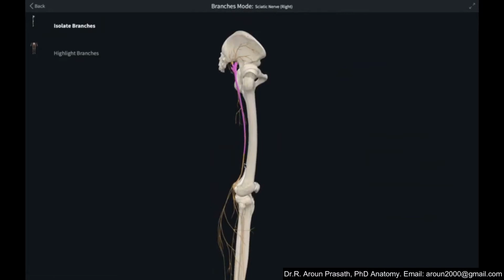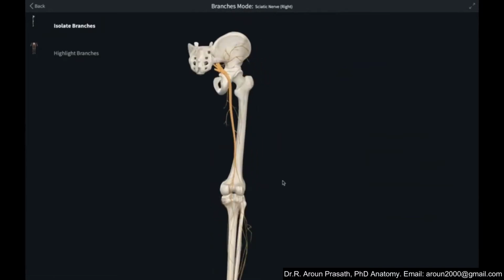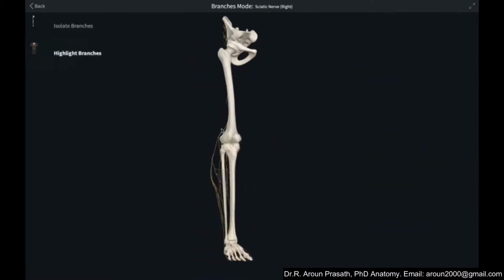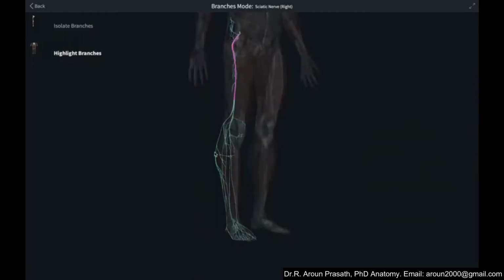This nerve passes in the posterior aspect of the thigh, and at the knee level, in the popliteal fossa, it bifurcates, and these various branches supply all the muscles of the leg. So if this nerve is damaged here at the starting area, all the muscles present in the leg are going to be paralyzed.